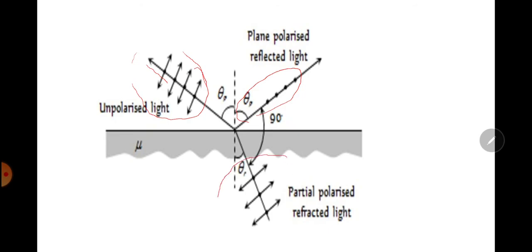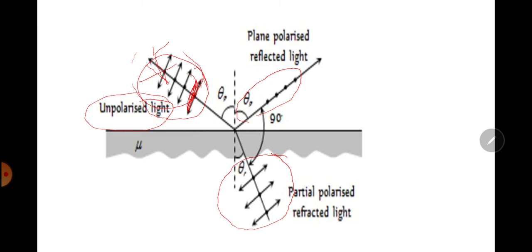Here the ray is a polarized light ray. This one is unpolarized, because it will have all types of vibration. Only this is shown. If it is confined to one particular plane, then it is called a polarized light ray.